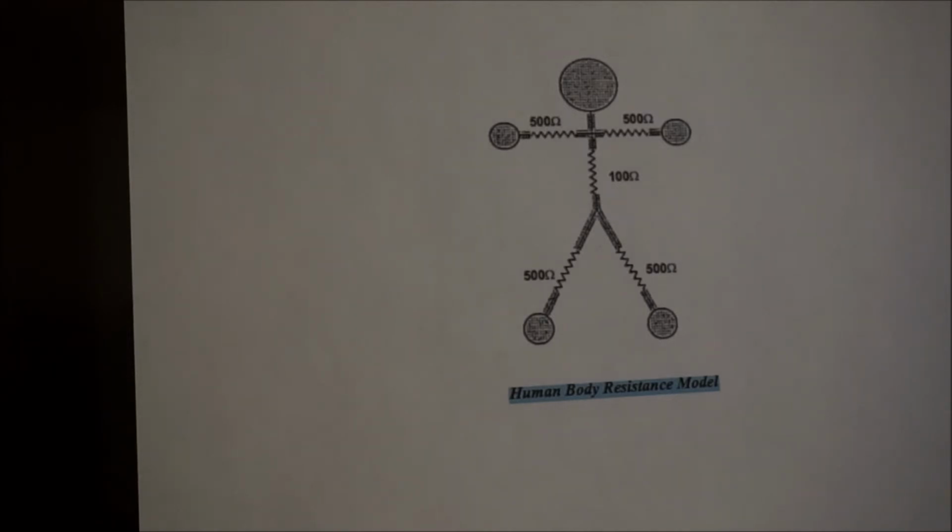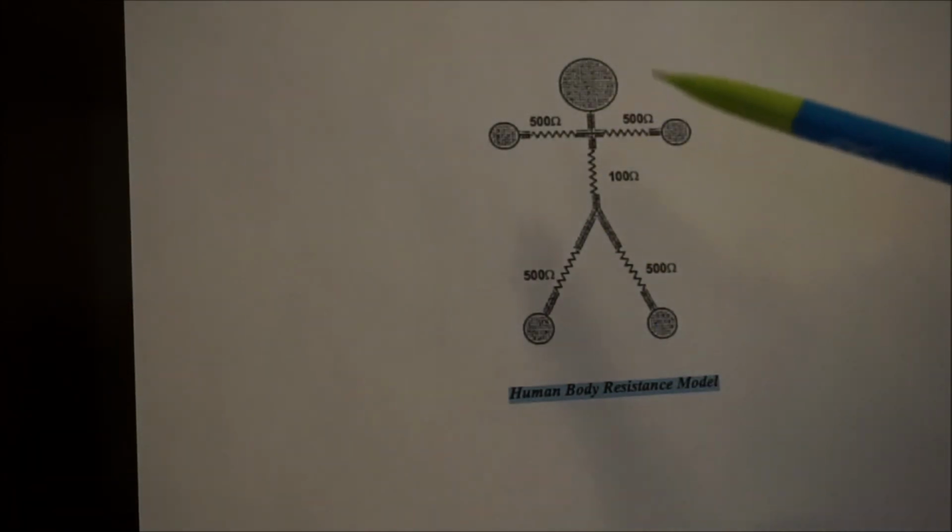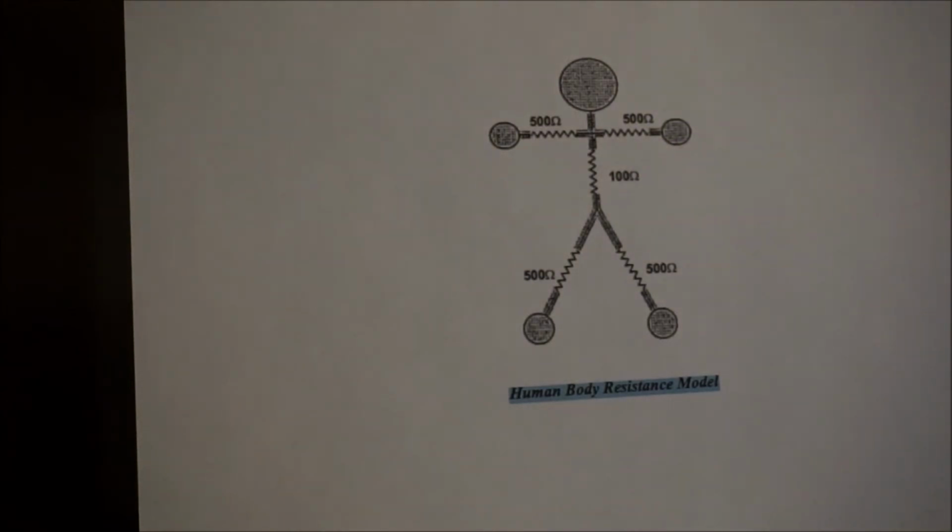When I was going through school, this was considered the model for the human body resistance. Now, the skin, I think, is the highest resistance in the human body, but depending on the circumstances, the skin's insulation value can actually break down rather rapidly, and once you get past that, the resistance of the rest of the body is fairly low.